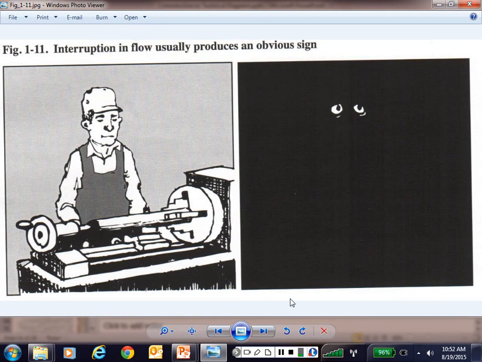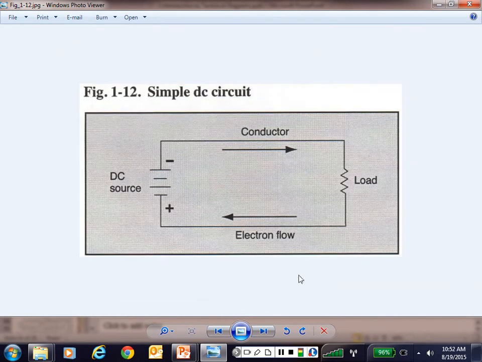So if you have a problem in a circuit and it's not working, you've got problems with what? The flow. Whether it's hydraulics, pneumatics, or electrical, or even electronics. By the way, this is in your textbook. I always love textbooks. We have two types of current available in electricity: direct current and alternating current.